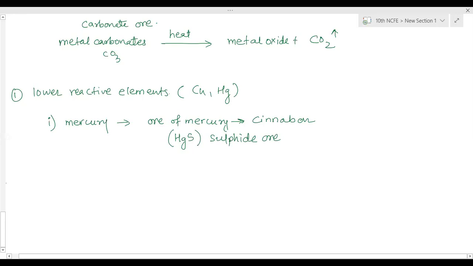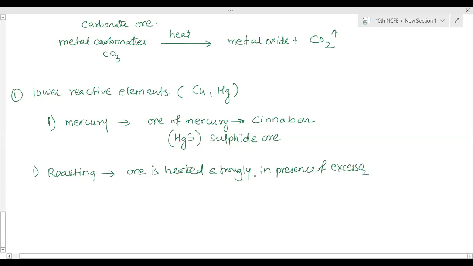For the sulfide ore, what is the first process we have to do? First step, roasting. The ore is heated strongly in presence of excess oxygen, that is HgS combines with oxygen and forms HgO plus SO2.